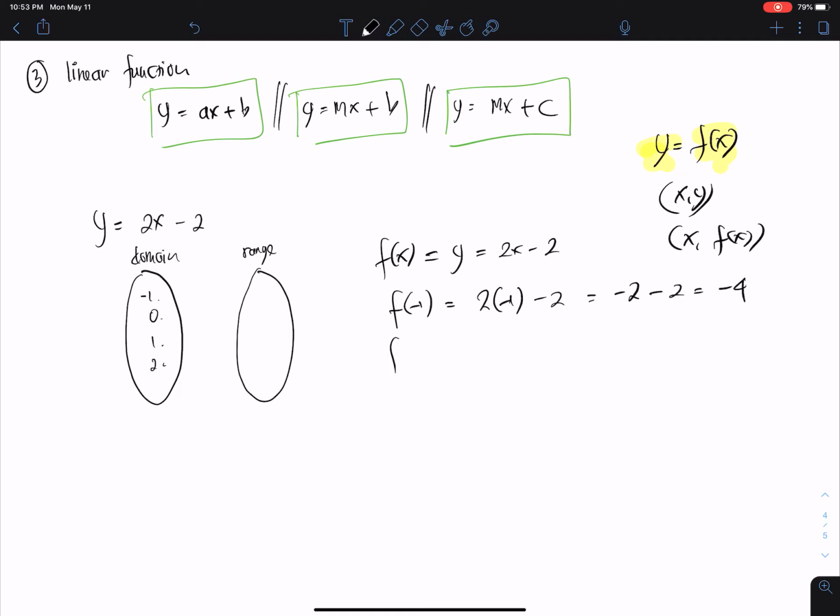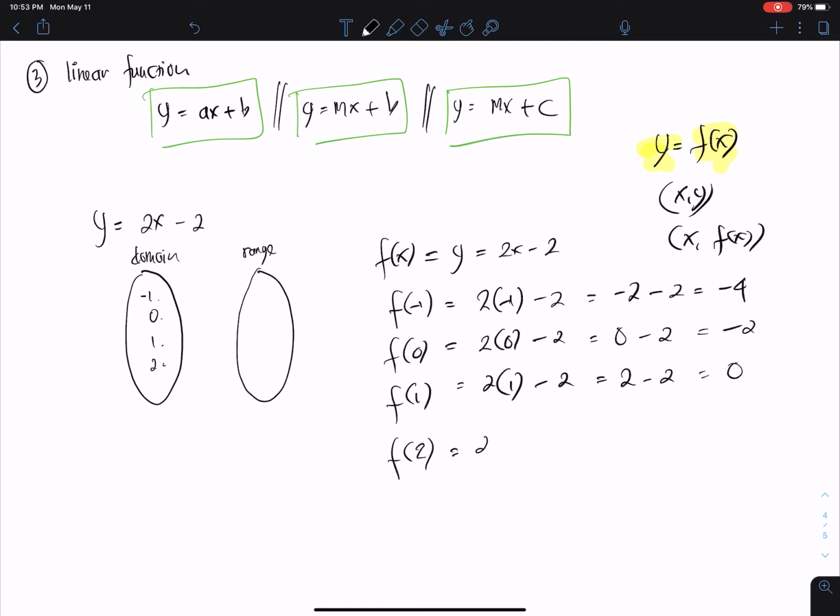For f(0) we have 2 times 0 minus 2, so 0 minus 2 is minus 2. For f(1) we have 2 times 1 minus 2, so 2 minus 2 is 0. And for f(2), we have 2 times 2 minus 2, so 4 minus 2 equals 2.